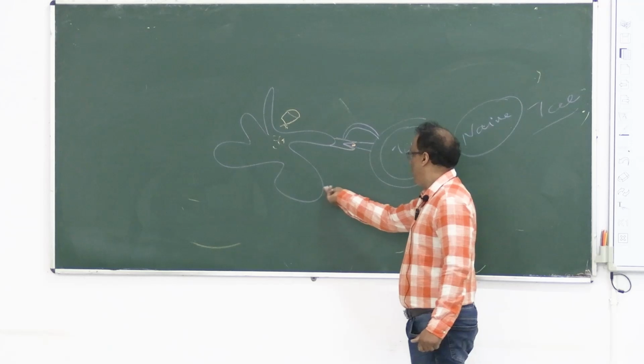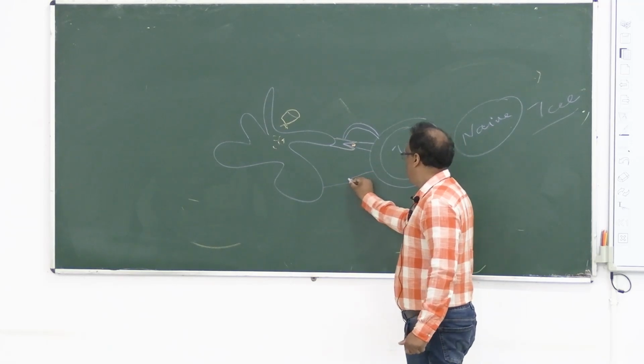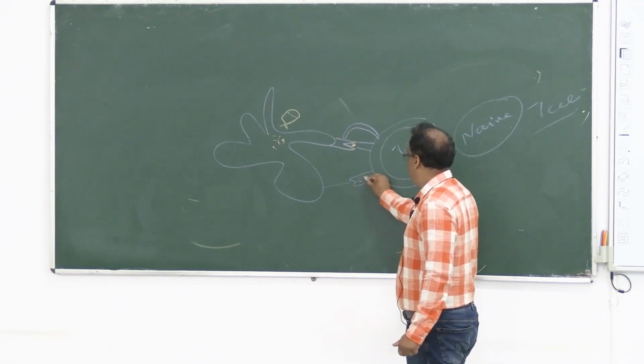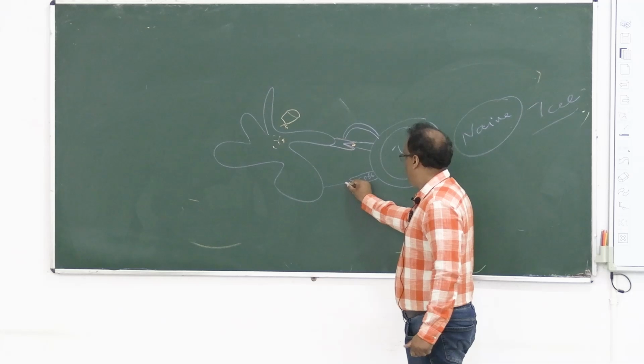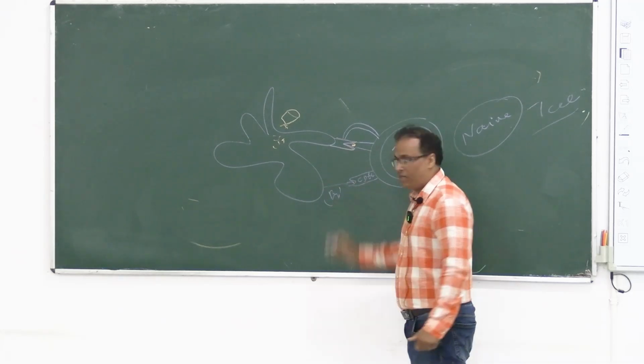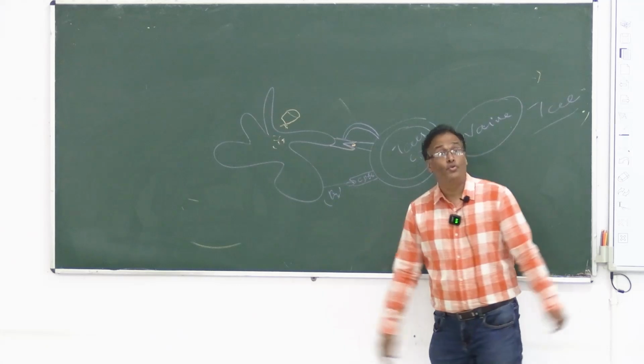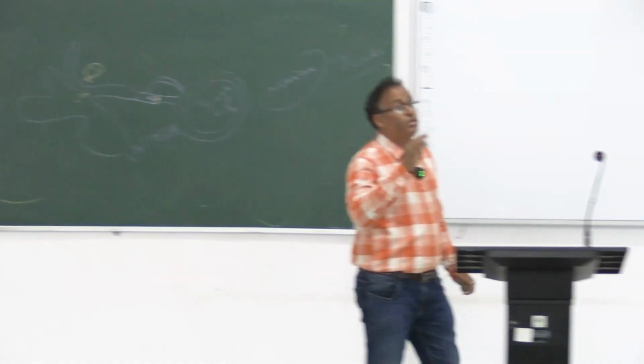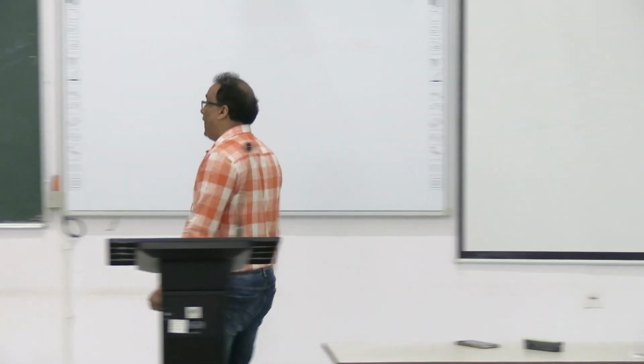B7 is from here and CD28 is here. That means the T cell has CD28, and B7 is from the dendritic cell. This is your co-stimulation. Without co-stimulation, the T cell will be in an inactive state, and that is called anergy.